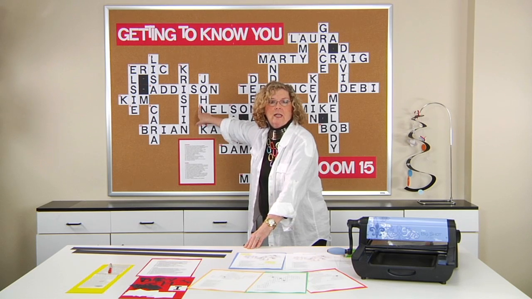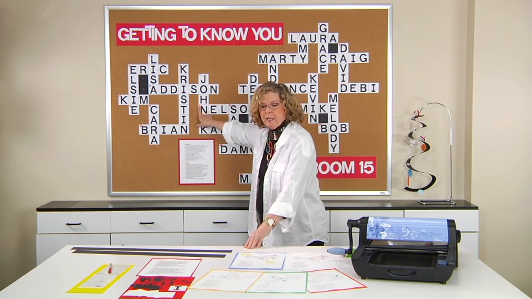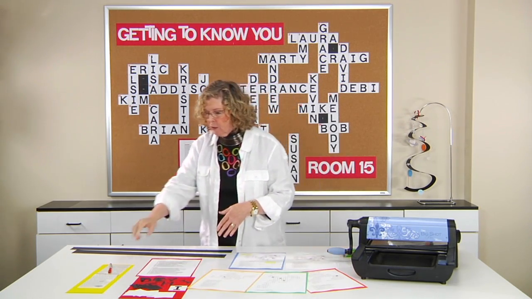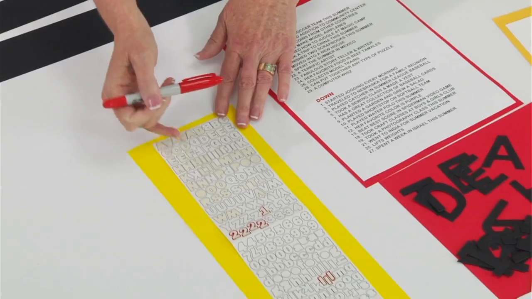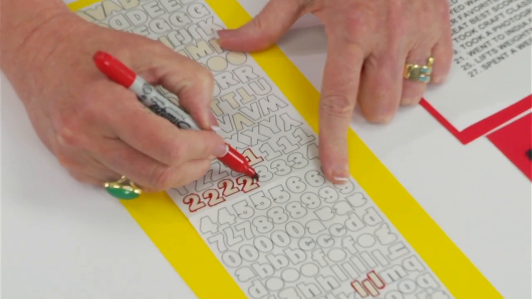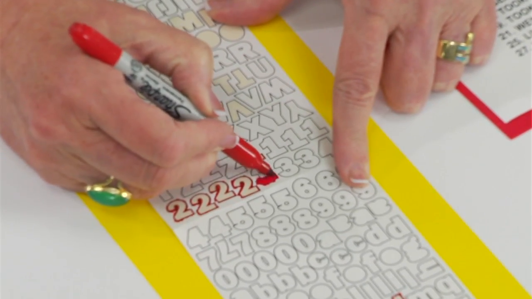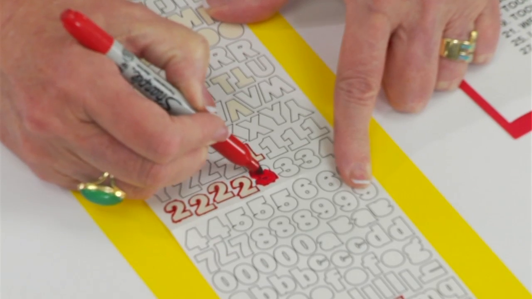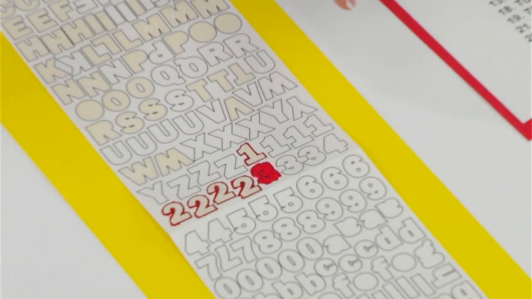I couldn't find red stickers in numbers that were a good size, so here's what I did. If you look back down here at the table, I just took a sheet of white stickers and a permanent marker, and I just colored the white sticker to make it red, which then allowed me to just peel it off and use it on each of the squares.